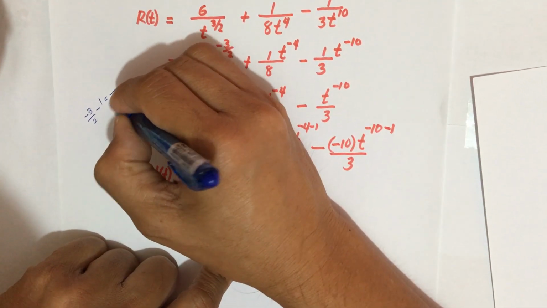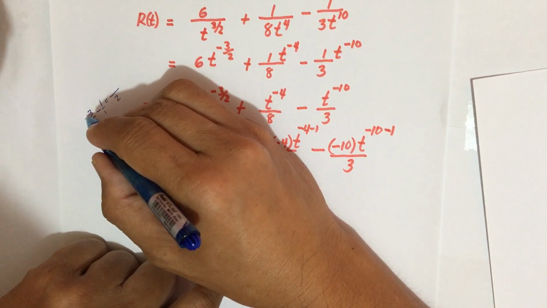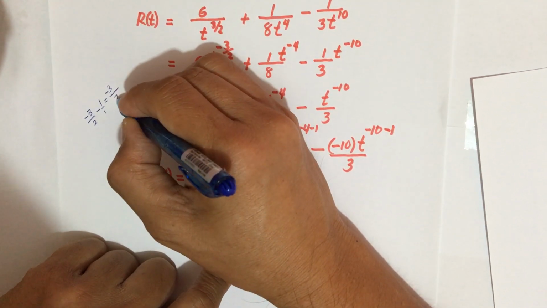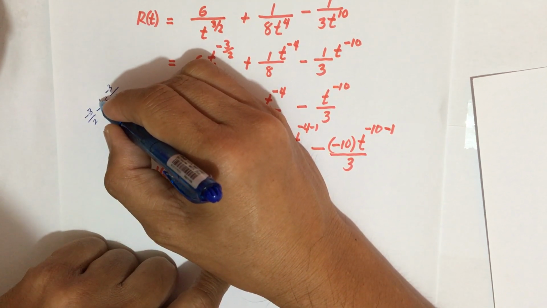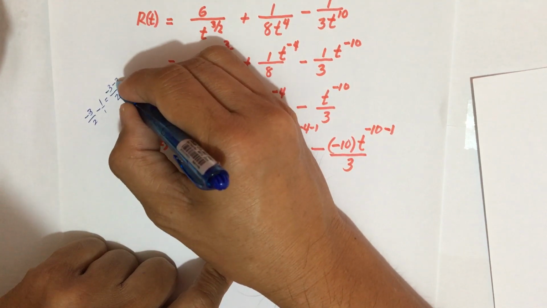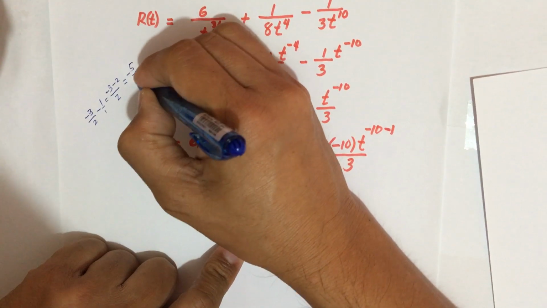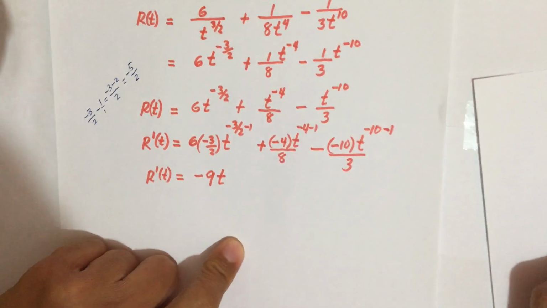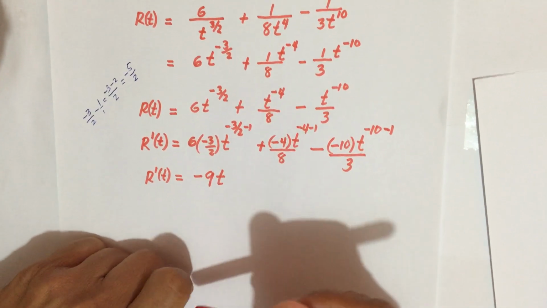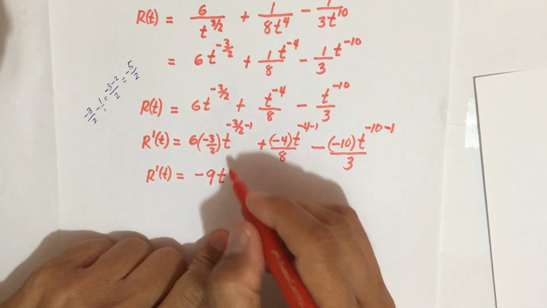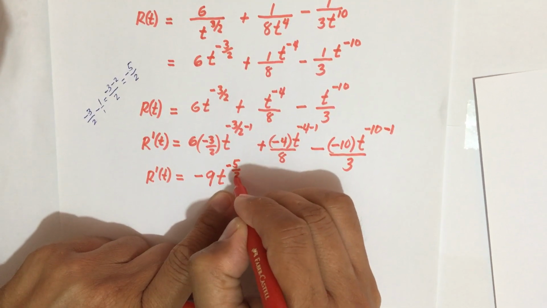LCD is 2. The 1 is understood to be over 1. So 2 divided by 2 is 1, 1 times negative 3 is negative 3. 2 divided by 1 is 2, times 1, or negative 2. So negative 3 minus 2 is equivalent to minus 5 halves. Okay? So the exponent now for the first term for t is minus 5 halves.